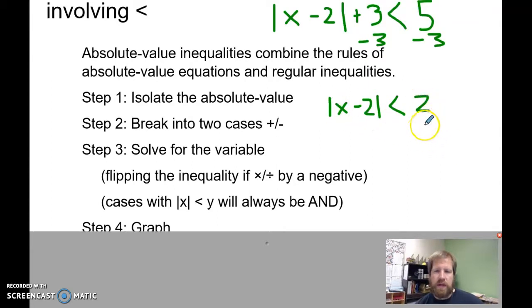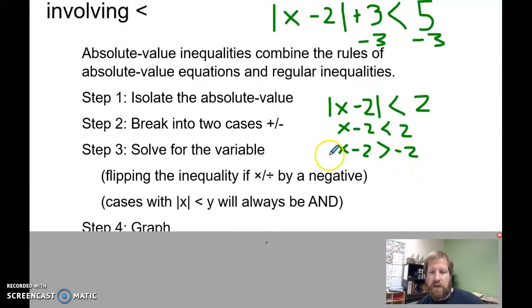Break into my two cases. My positive case, x minus 2 is less than 2. And then I'm going to break into my negative case. As long as you're remembering to flip the sign, you can skip assigning this as a negative and go straight to the next step. So we would have x minus 2 is greater than negative 2.